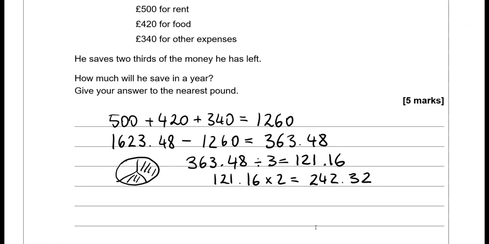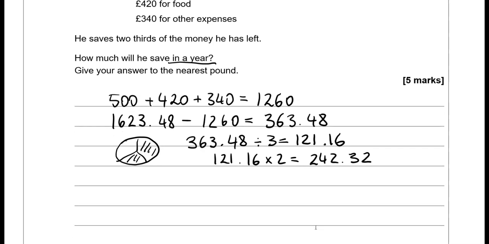Question is, how much will he save in a year? So that's times 12. So 12 times 242.32 gives us £2,907.84.